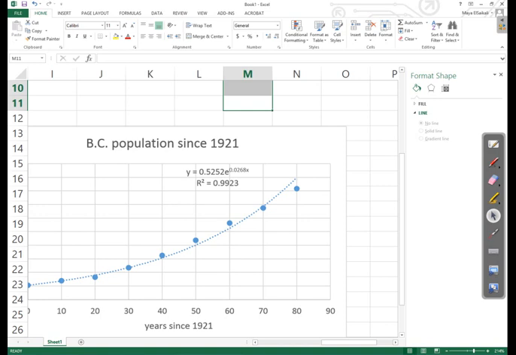We haven't seen that e before. My equation should look like this: y equals my initial value times my base to the power of x. My initial value is clear, it's the 0.5252. But what is my base? I don't know what my base is here. I have to calculate that.